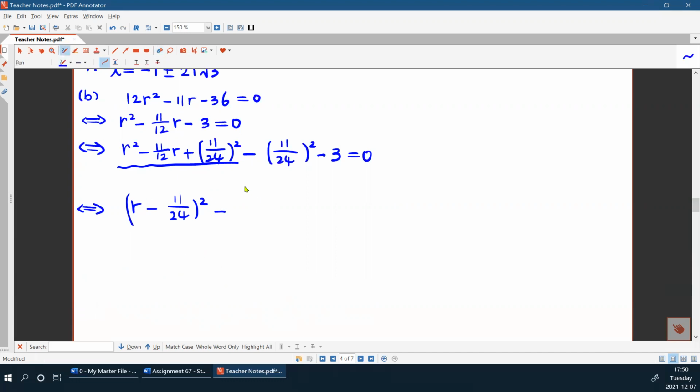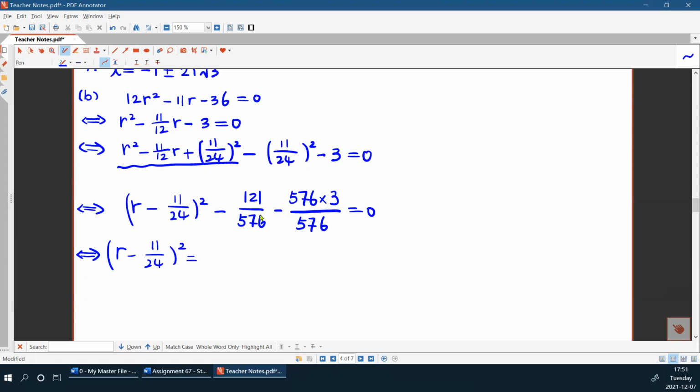Then minus 11 squared is 121, and 24 squared is 576, right? And then minus 3. So here we rewrite 3 using the common denominator, which is 576. Okay, next step, r minus 11 over 24 squared.